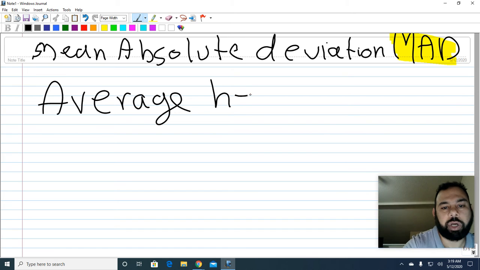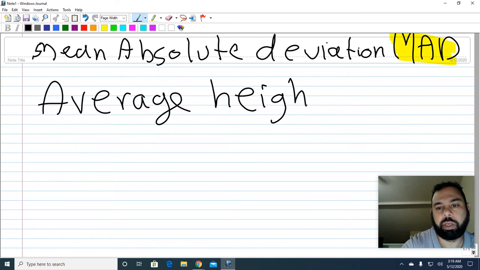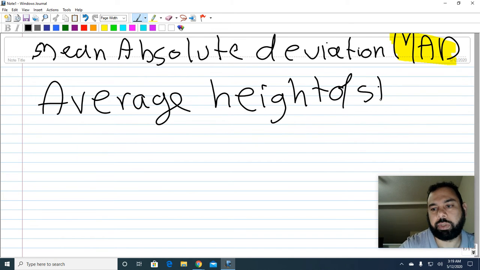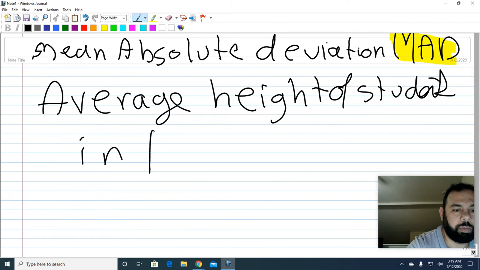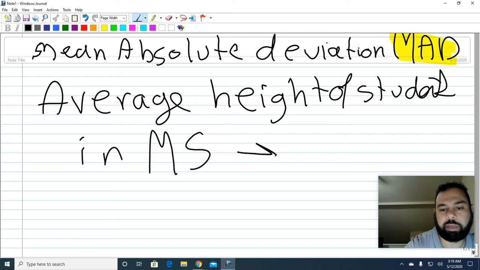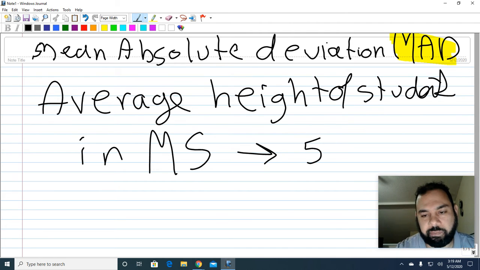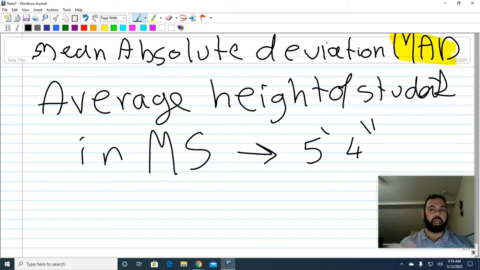or average height, let's say the average height of students in middle school, let's say 5'4". That's the average height of students. So this means whenever you see a middle school student, his height will be close to 5'4".